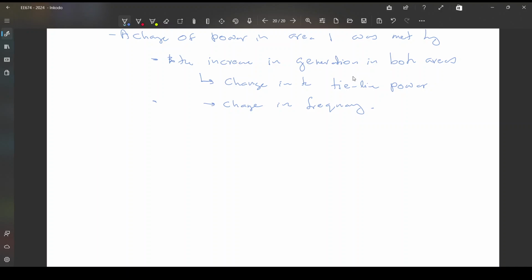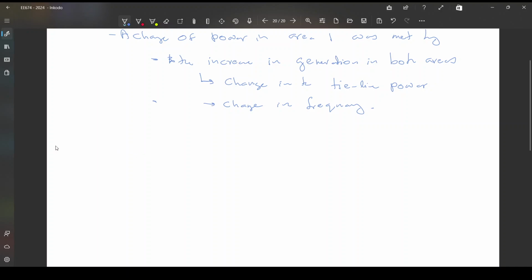So the idea here is to maintain the tie line flow, and the change should be supplied by the generation of that particular area.